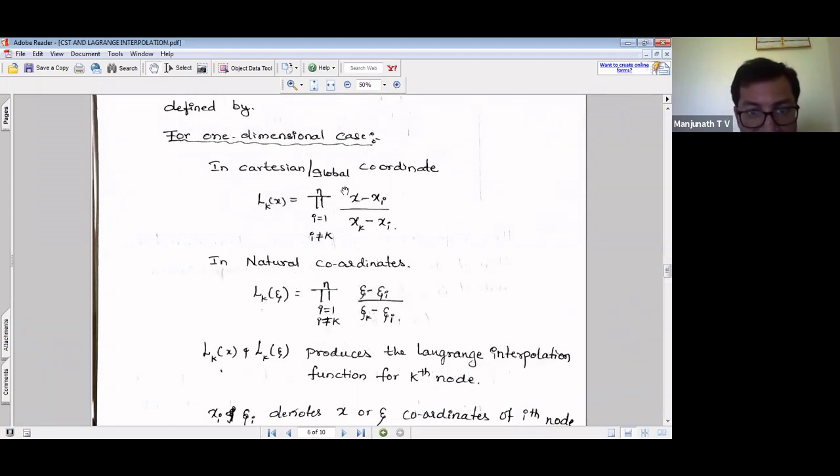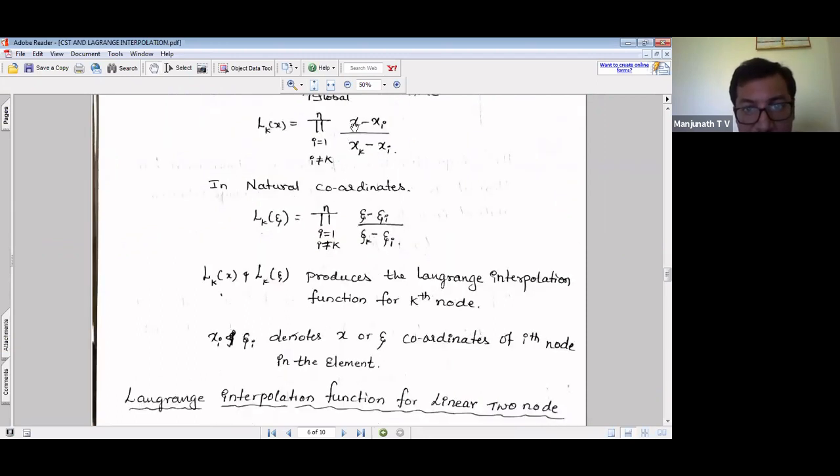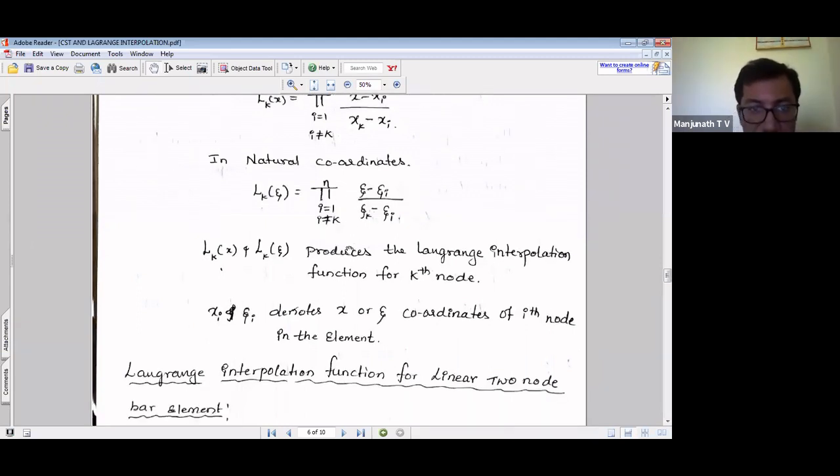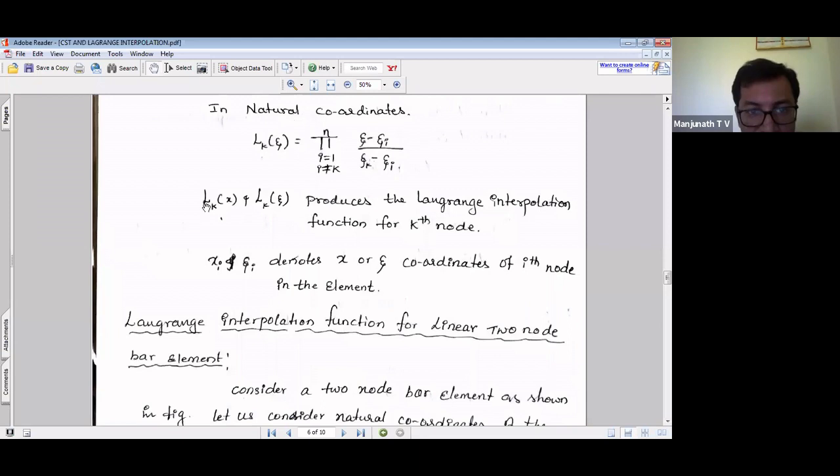So these equations are only for the one-dimensional case, that is the x direction in the global coordinate system and the zeta direction in the natural coordinate system. Here L k of x and zeta is going to produce the Lagrange's interpolation function for the kth node. If you want to find the shape function at any particular kth node, then that value is going to be produced by this term.